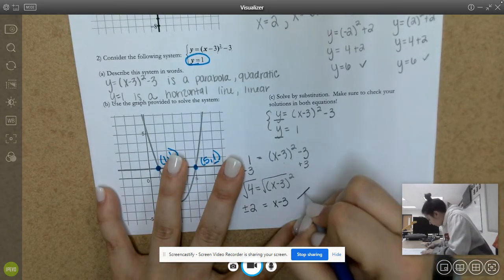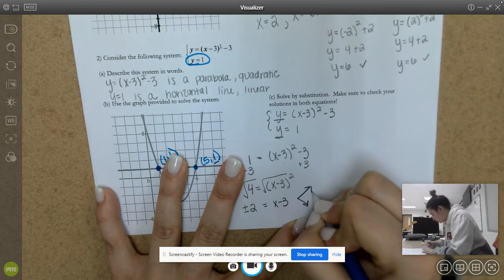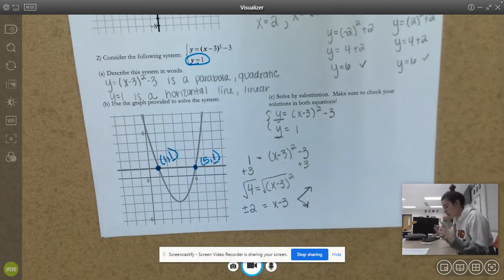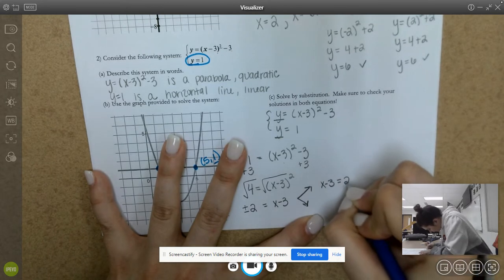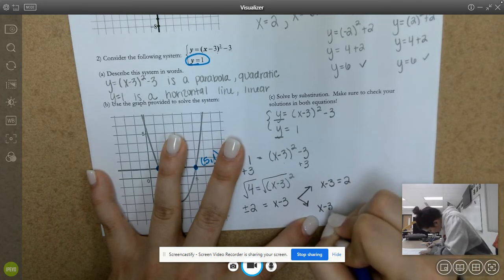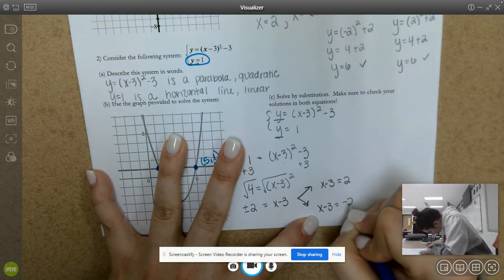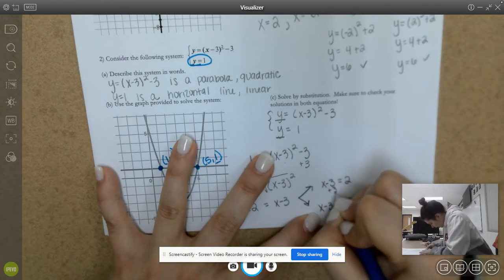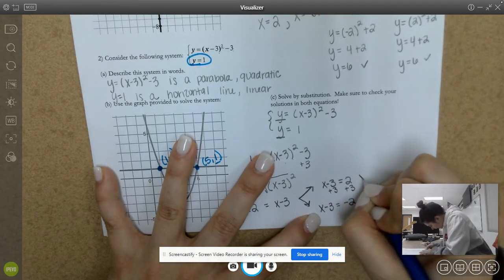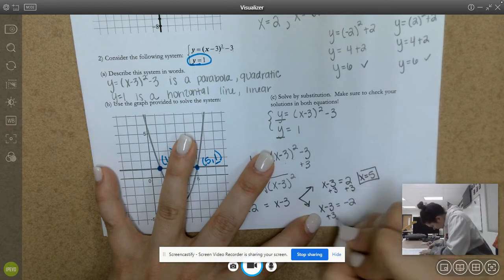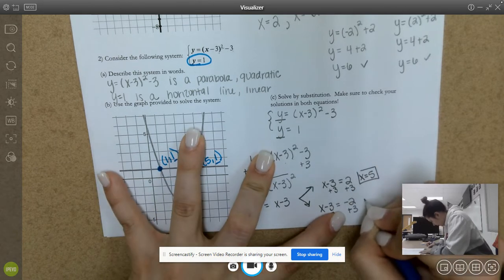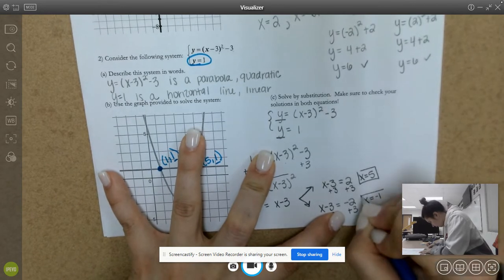So we could rewrite this as two separate ideas for x: x minus 3 is equal to positive 2, and x minus 3 is equal to negative 2. We can then add 3 to both sides and solve for x, and we get that x is equal to 5, and x is equal to negative 1.